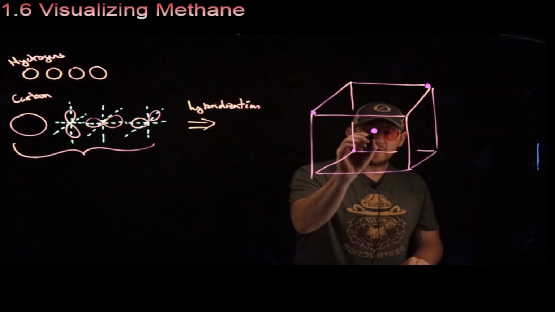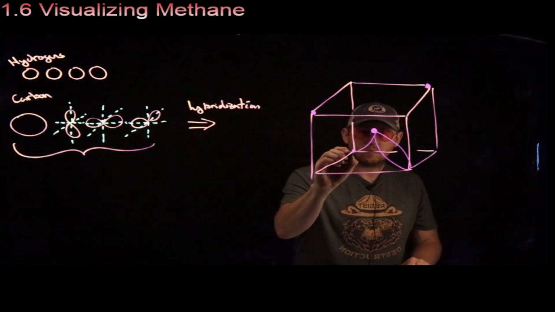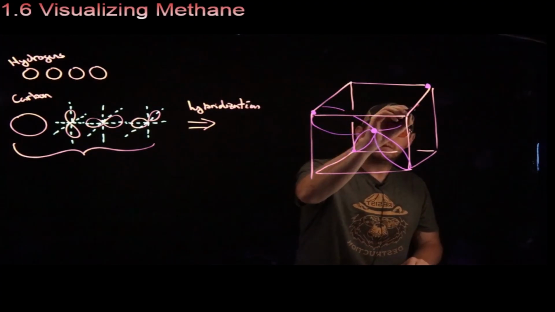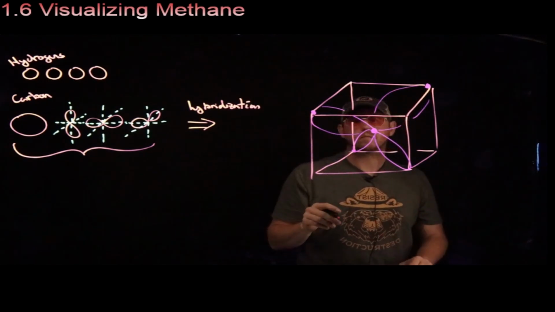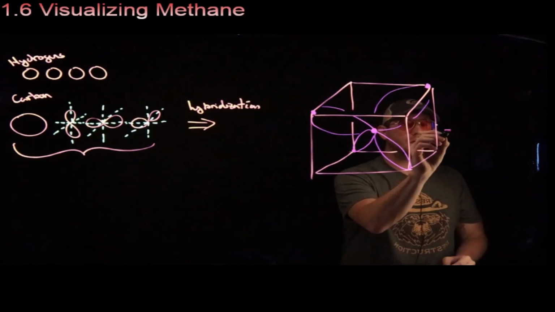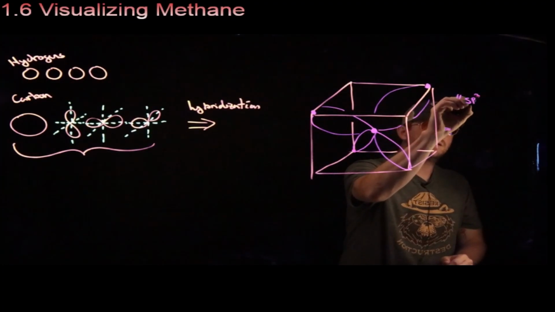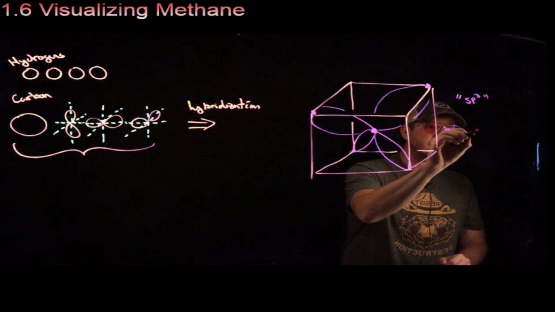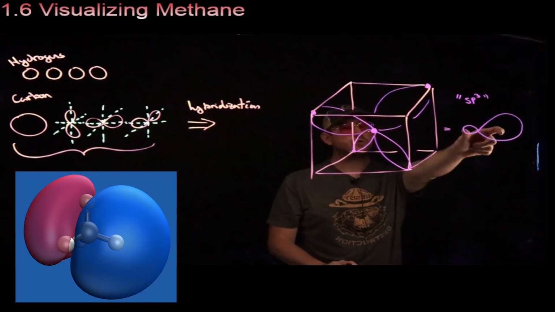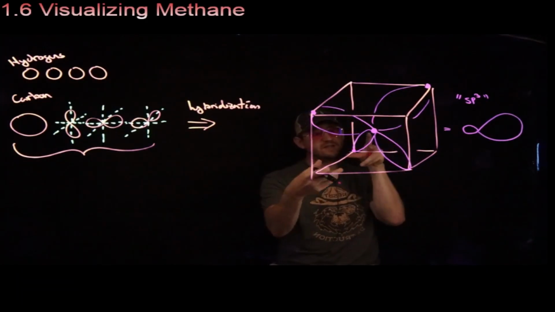And so what we end up with are 4 new orbitals. Each one of these new orbitals is referred to as an sp3 orbital, and it looks like this. Each one of these orbitals extends out.